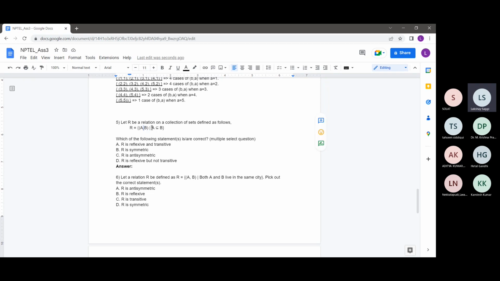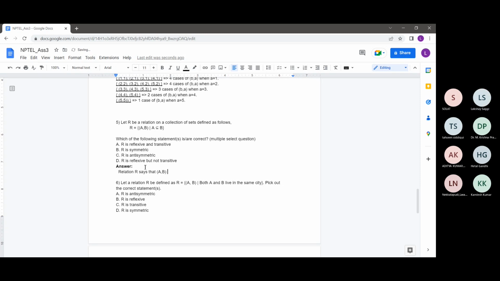This is capital A and capital B. So basically, A and B are related, that is, A comma B is a part of the relation, when A is a subset of B. This is the notation for a subset, as you guys must already know. So basically, relation R says that A comma B belongs to R if and only if A is a subset of B. I hope it is clear, guys, what I'm trying to say.